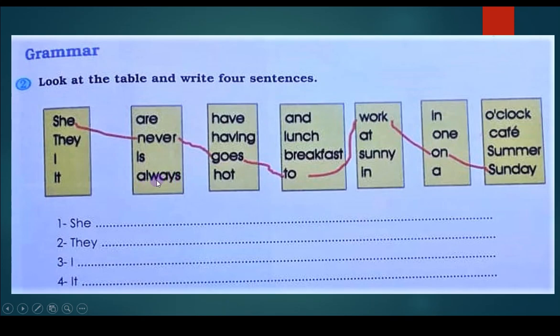We have 2 options: always or are. Let's take are. Why are? Because are is the verb to be for the plural subject pronoun they. It can't come with I or it.